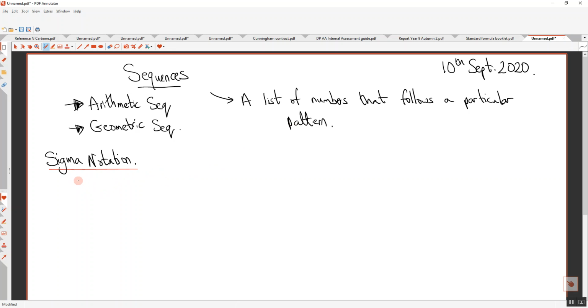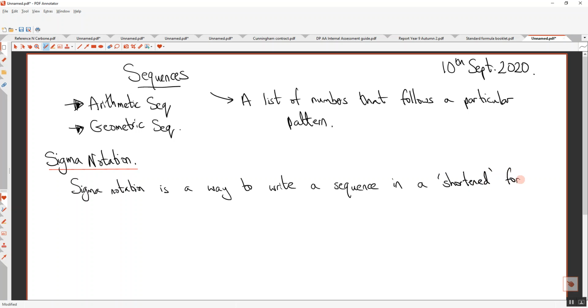So sigma notation is a way to write a sequence in a, let's say, shortened format.